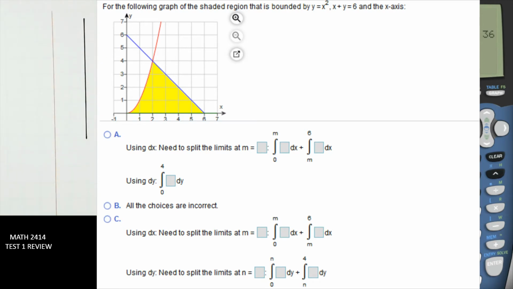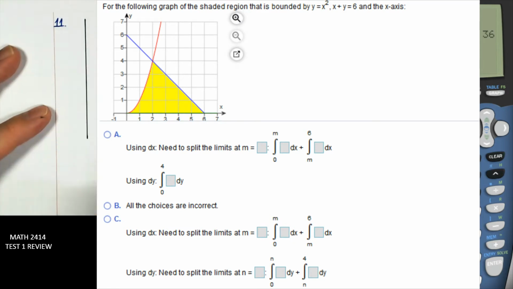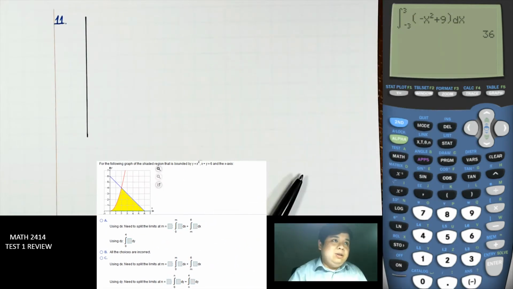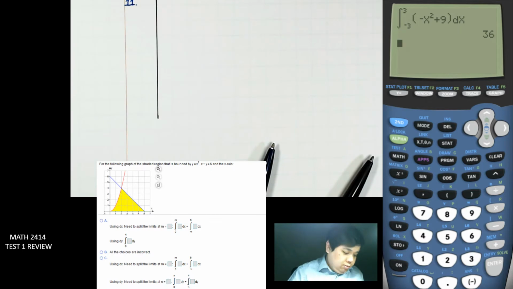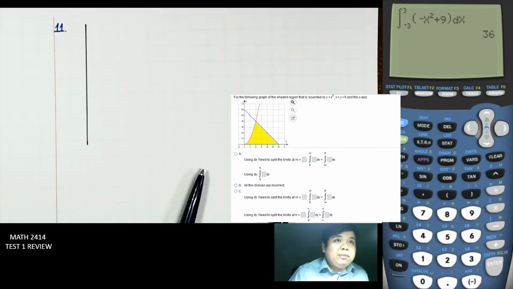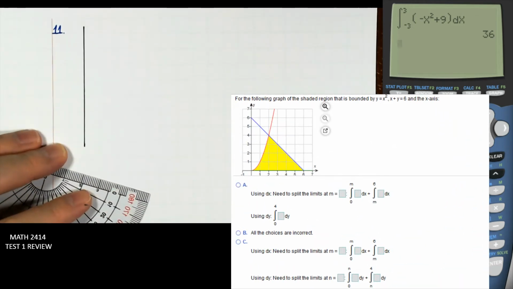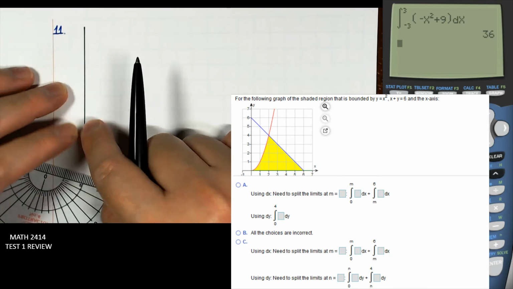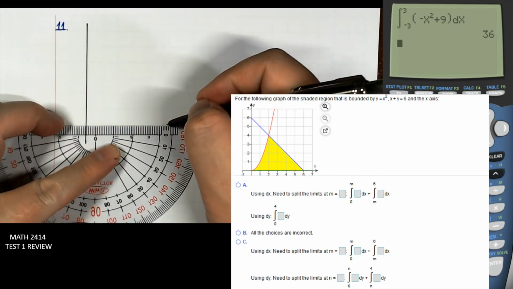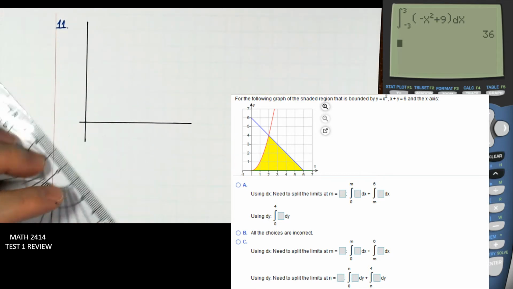That's number 11. Right. Wrong window. Okay. We have x plus y equal to 6.